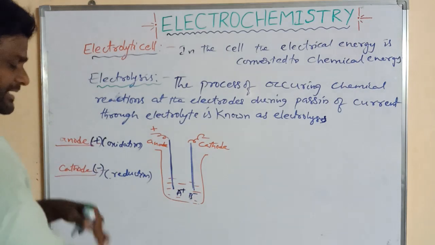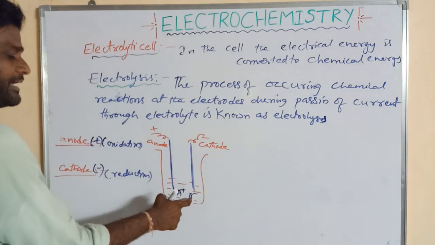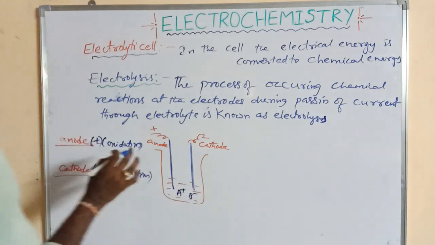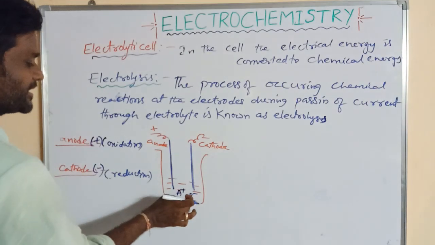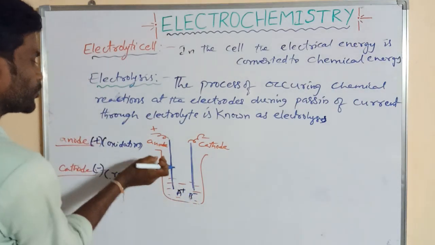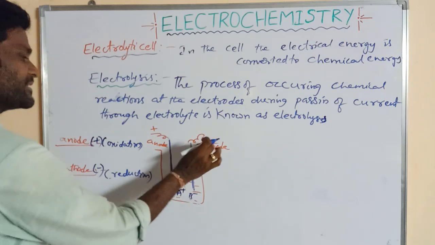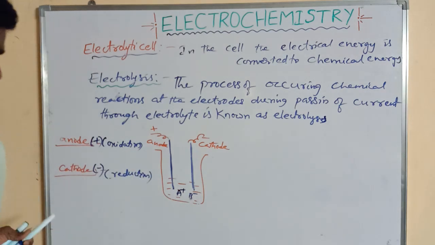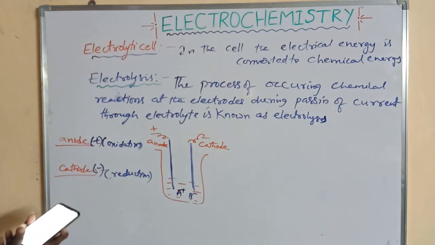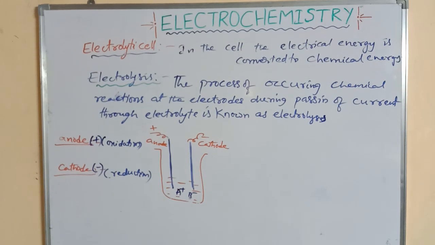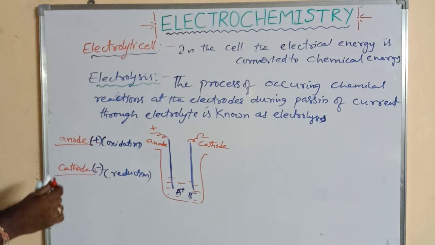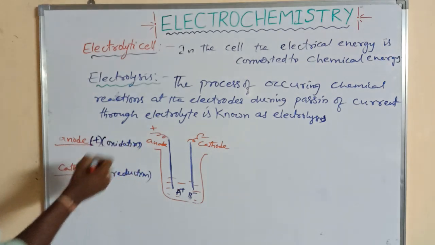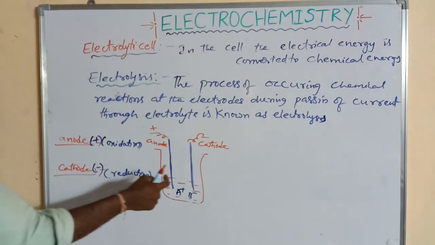Positive ions migrate towards the cathode and negative ions migrate towards the anode. During the electrolysis, discharge of the ions at the electrodes takes place.